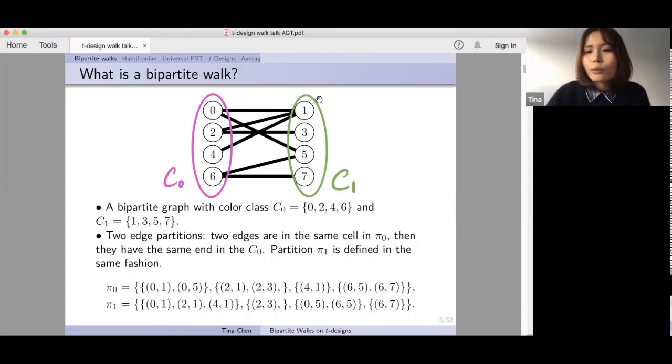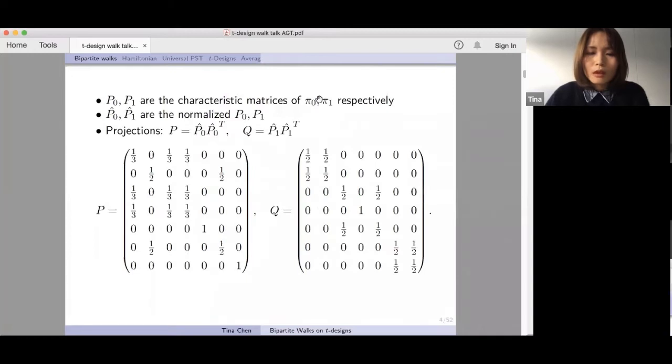Given those two partitions, we can define two projections. We let P0 and P1 be the characteristic matrices of our two partitions, pi 0 and pi 1 respectively. Then we use P0 hat and P1 hat to denote the normalized P0 and P1, which means we just scale the column vectors into unit vectors.